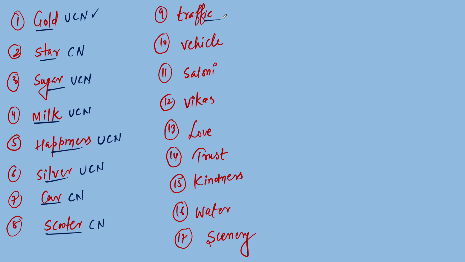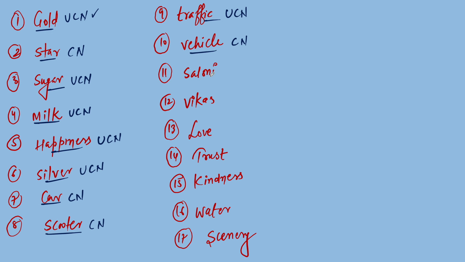What about traffic? Yeah, it cannot be counted. So it will be uncountable noun. And what about vehicle? Vehicle can be counted, so it is countable noun. And what about Saloni? One Saloni, two Saloni.